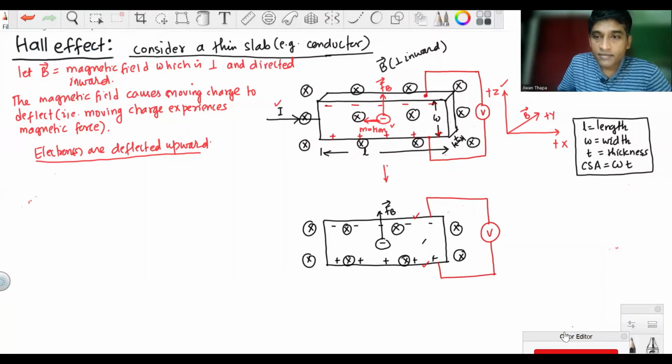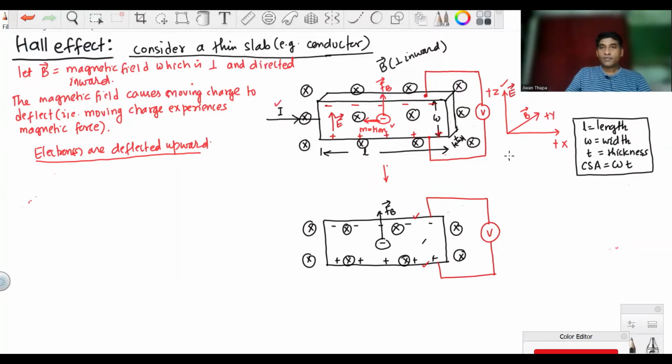So what we are getting is an electric field which is directed from the lower side to the upper side of the slab. Clear?